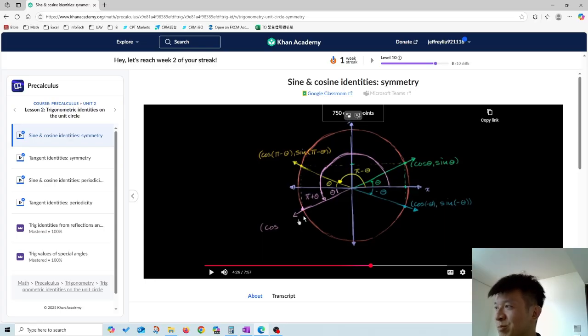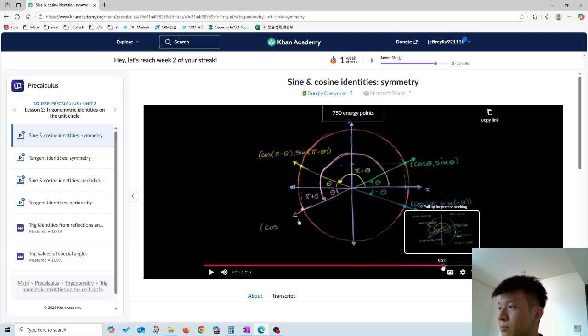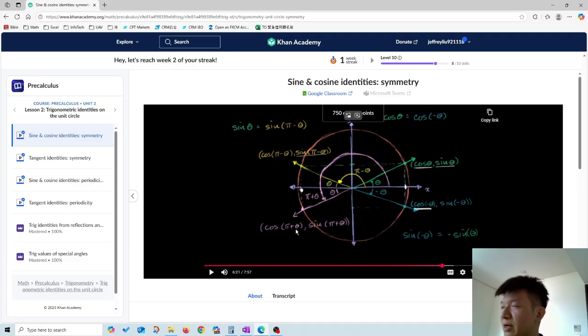But you're going to compare this one to here, right? This one, so pi plus theta. Pi plus theta compared to here is still the negative, right? You still have to add a negative in the front.